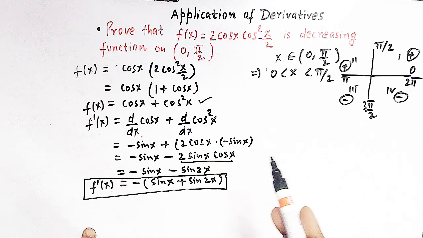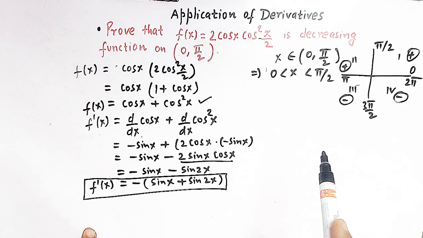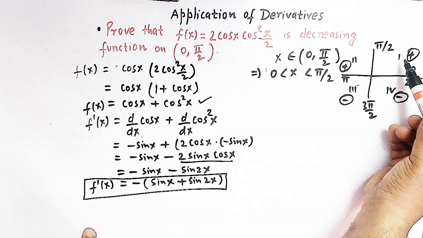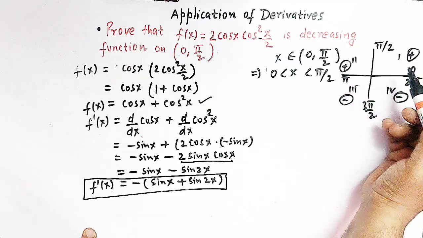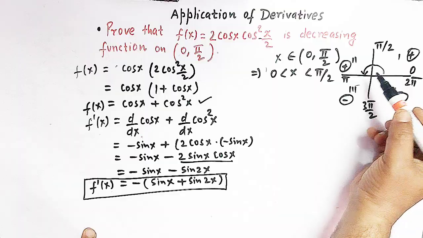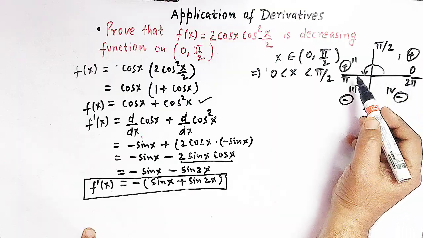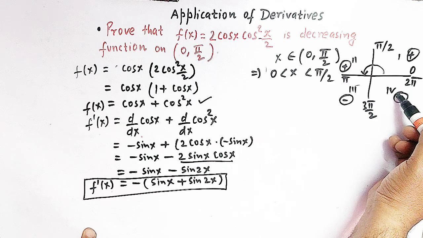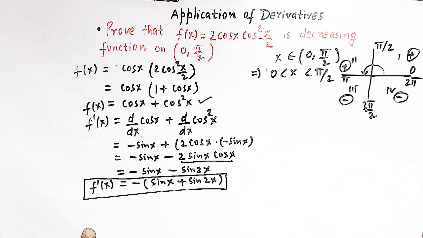So according to the sign convention of trigonometric functions in the four quadrants, the sine function is positive in the first and in the second quadrant, that is from 0 to pi the sine function is positive, and from pi to 2 pi, that is in the third and fourth quadrant, the sine function is negative.